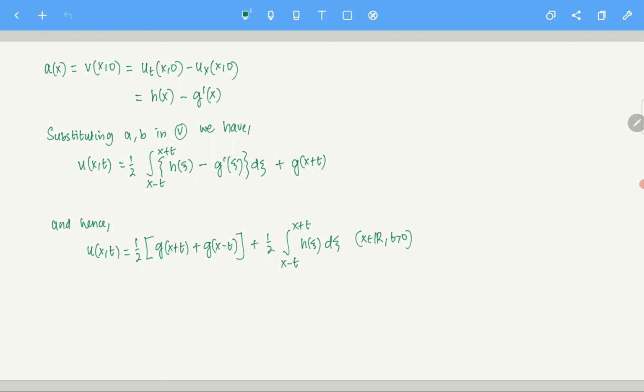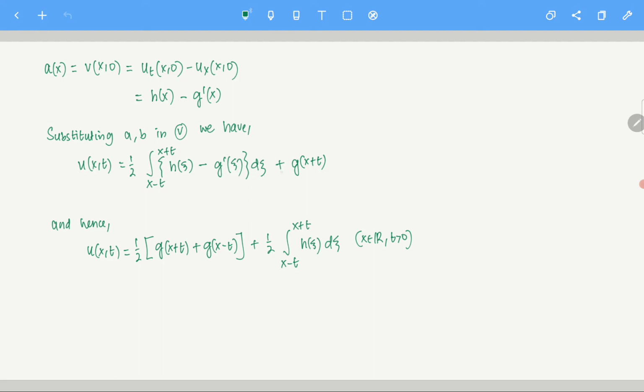So u of x, t is given by half g of x plus t plus, of course you have to break this up. You see, half integral of g prime of xi is half g of x plus t minus half g of x minus t, with a negative sign.